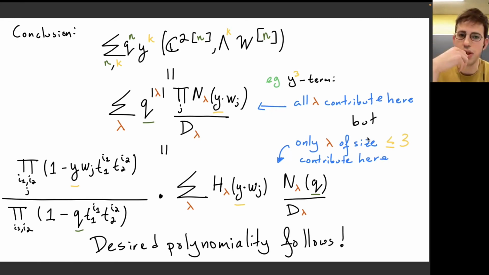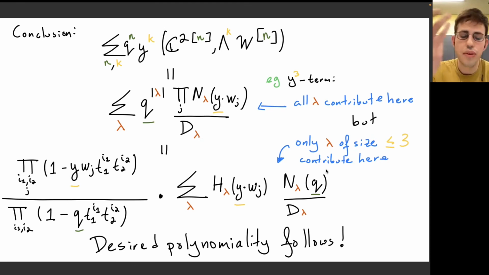The terms don't contribute to controlling this series here. And so then I just get some kind of finite expression, and that finiteness translates to the corresponding polynomiality. This n lambda was also some polynomial of degree lambda, and that tells me that my Q can only have at most degree the size of lambda.